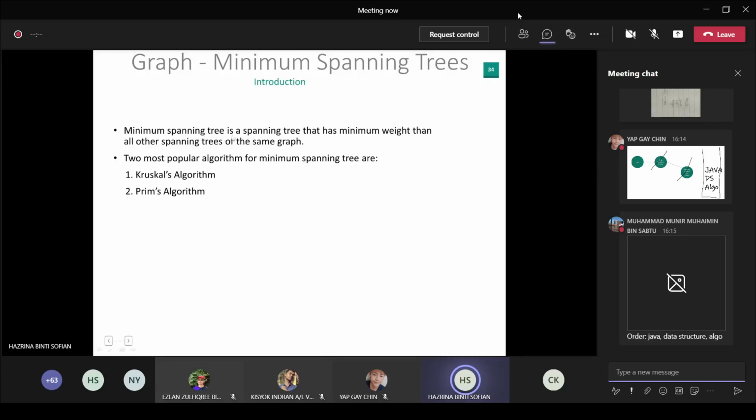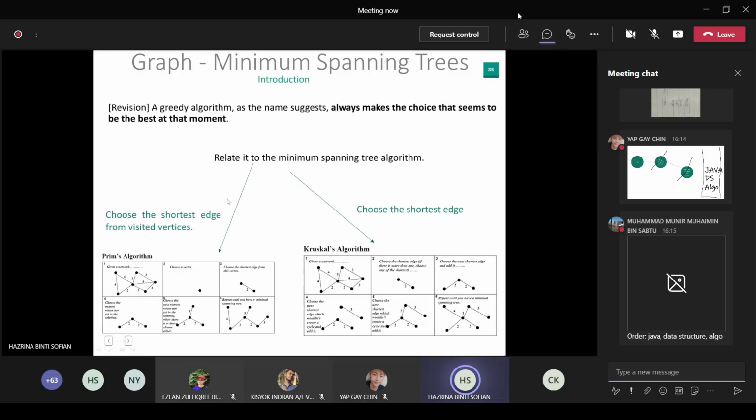So minimum spanning tree is a spanning tree that has minimum weight compared to all other spanning trees of the same graph. Minimum weight, because it always finds the minimum. The two most popular algorithms for MST are Kruskal's algorithm and Prim's algorithm. So let's try to refresh our mind.